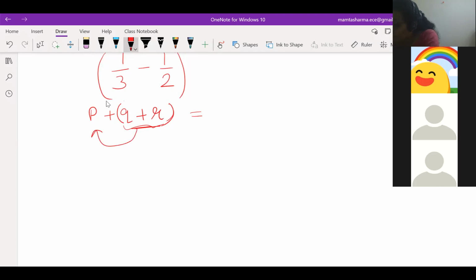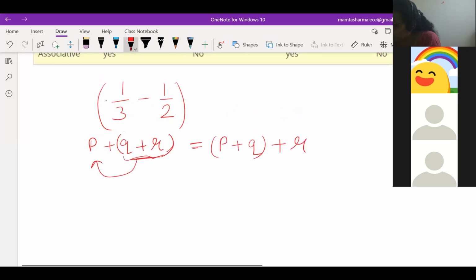Yes, ma'am, it is satisfied. That should be equal to this condition. Then we can say, yes ma'am, it's equal, it will satisfy the associative property. Here we are changing the grouping. Even if we change the group, the property should be satisfied.